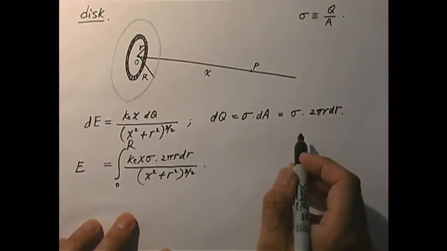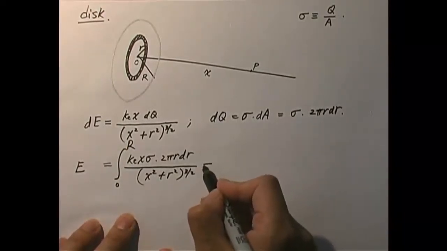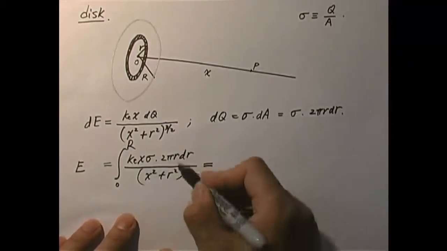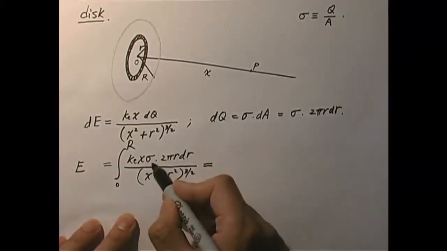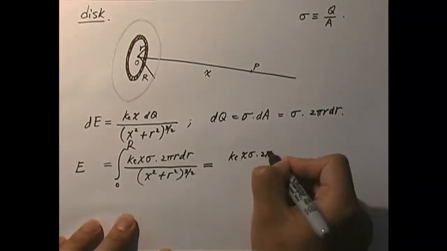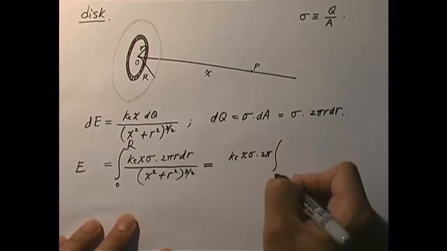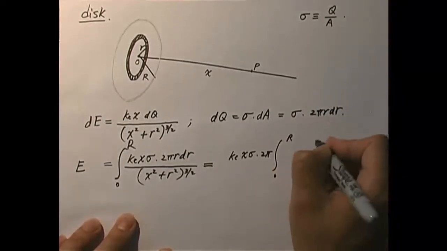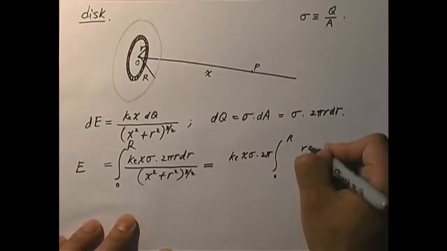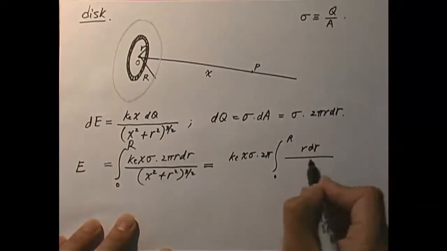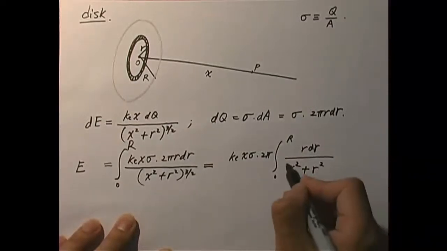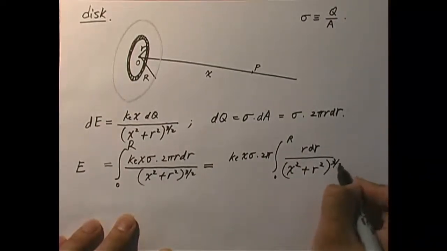This integral, I'm not going to do it here. It's in a textbook, and also I'm sure with some manipulation you know how to do that. I'm going to take the constants out. It's kx sigma times 2 pi, and then from 0 to R, what's left is r dr over x squared plus r squared to the power 3 over 2.